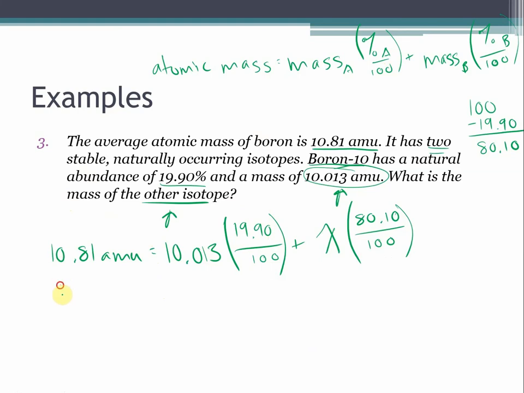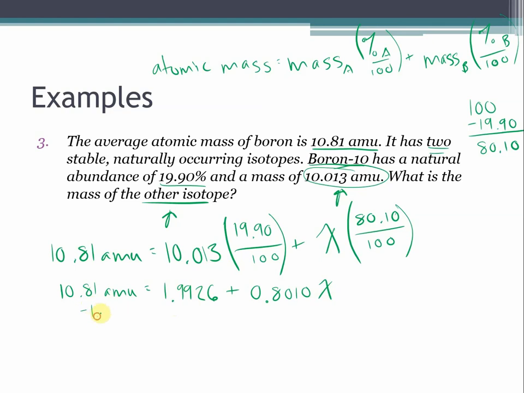Left-hand side we can leave alone for now, keep it as 10.81 AMU is equal to, multiplying this all together, 10.013 times 19.90 divided by 100 should give you 1.9926 plus x, which is just going to stay x, but we can do 80.10 divided by 100 and we get 0.8010 times x. So our next step is going to be to subtract this 1.9926 from both sides.